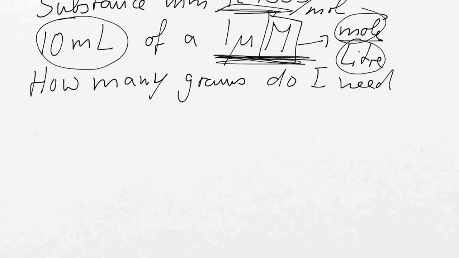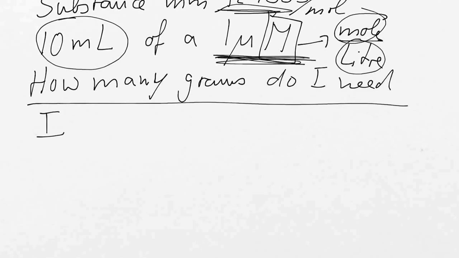Okay, so how are we going to do that? I show you two different approaches. The first approach, and if you want to follow this approach, I want you to remember a little phrase. Gee whiz.